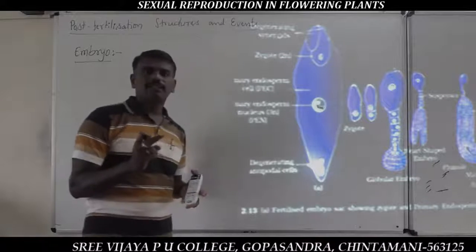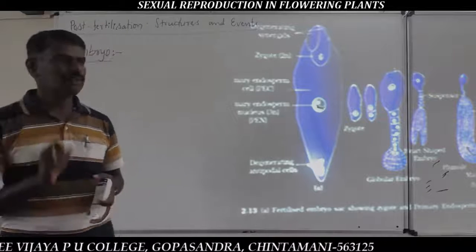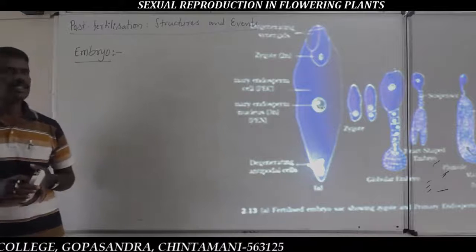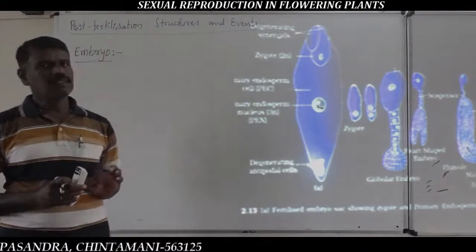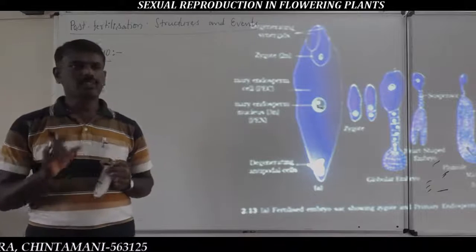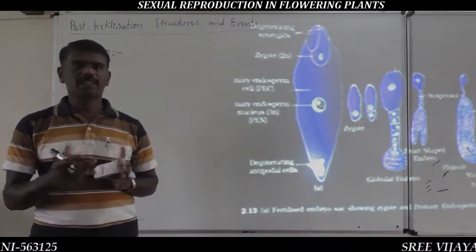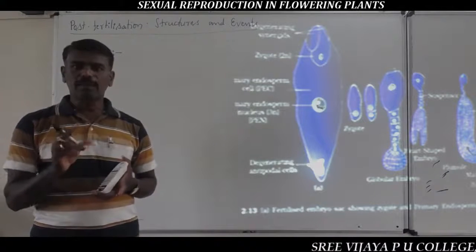In every angiospermic plant, there is double fertilization. In the first fertilization, a male gamete fuses with the egg cell. It is called syngamy. It leads to formation of a diploid zygote.